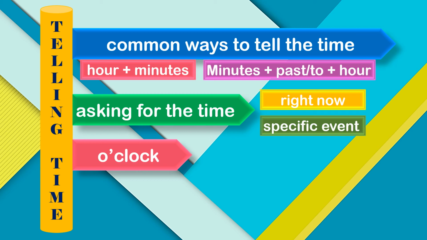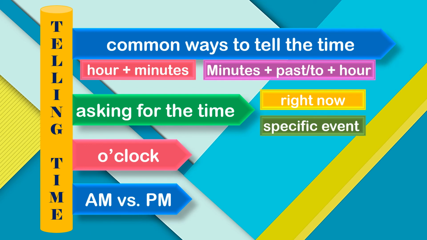We use o'clock if the hour has no minutes. Ante meridiem and post meridiem. We use AM for the morning time and then PM for the afternoon, evening, and night time.